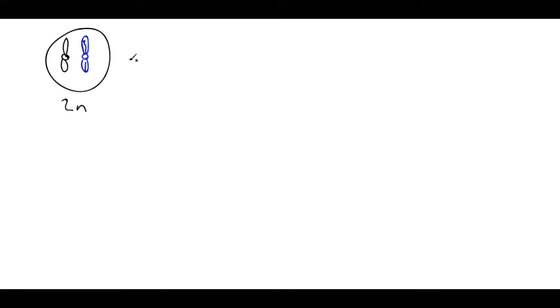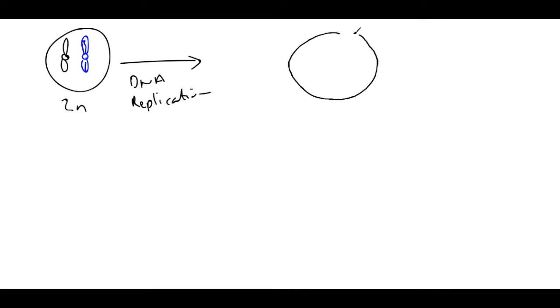The first thing that goes on in meiosis is that this cell goes through DNA replication, which happens in the cell cycle. Again, in my previous video, I talk about that. But now the information on each chromosome doubles. So now we've got a cell that's got this information here on this chromosome now doubled.